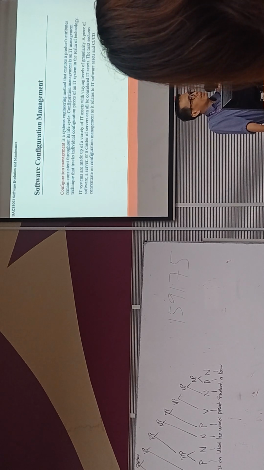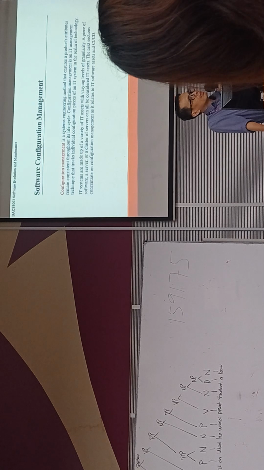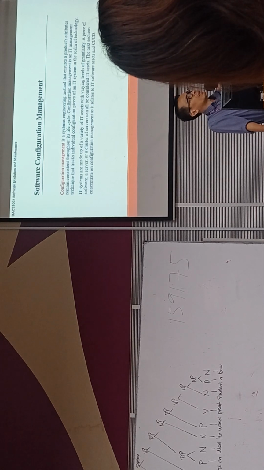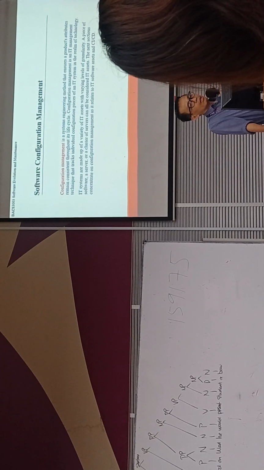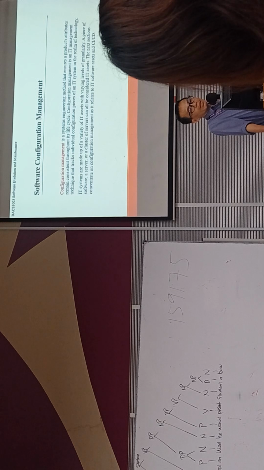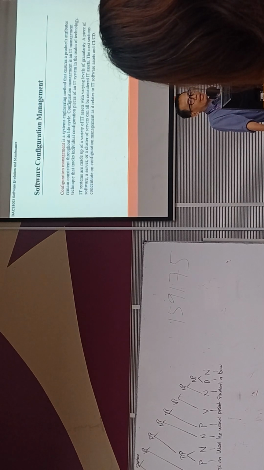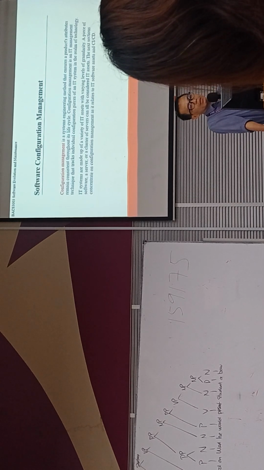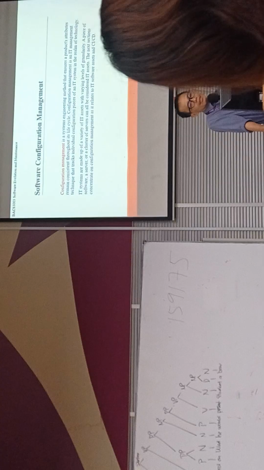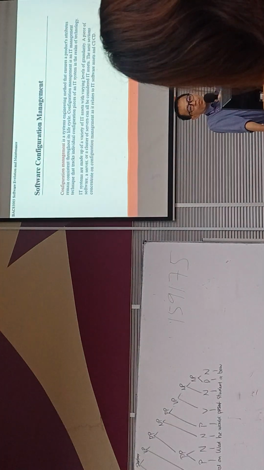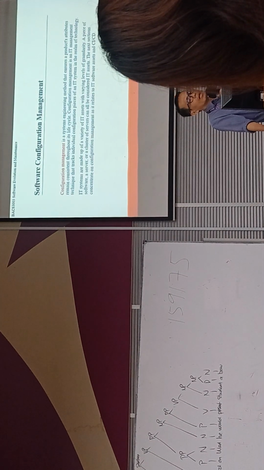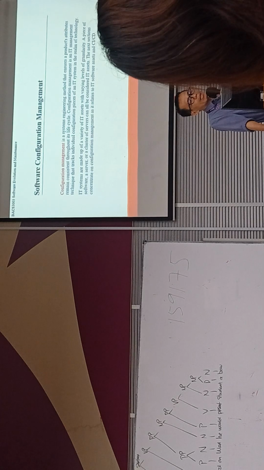Means that if we update this one, we make sure that other related documents are being updated. Understand? So configuration management is an IT management technique that tracks individual configuration pieces of an IT system in the realm of technology.